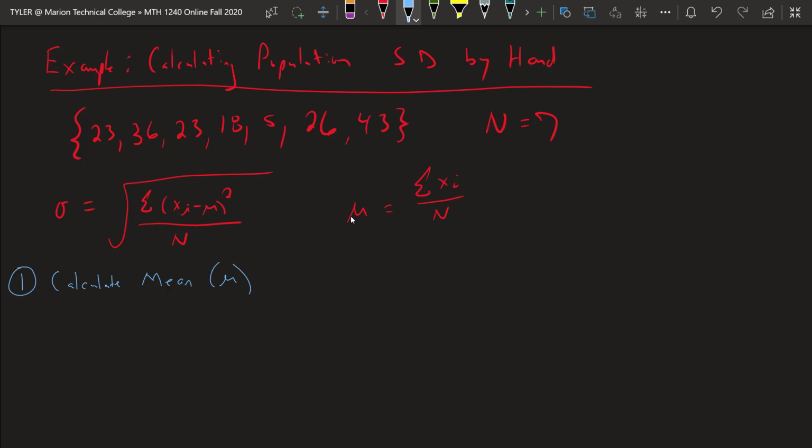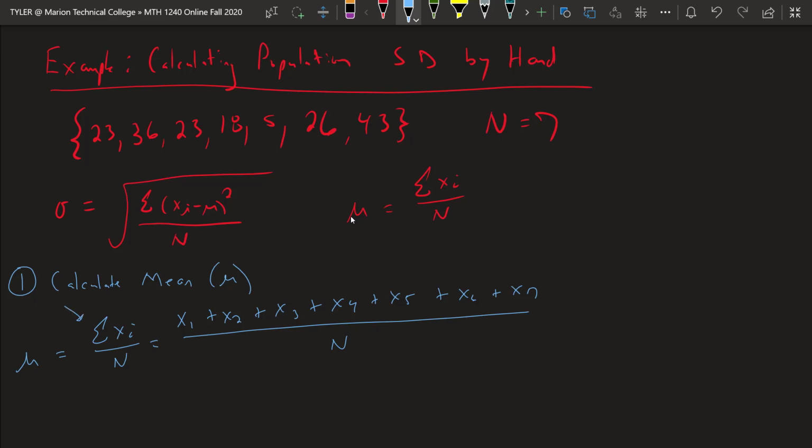We did this in the last section, so mu is equal to the sum of the x sub i's divided by capital N. In this case we have 7 things, so that would be x sub 1 plus x sub 2 plus x sub 3 plus x sub 4 plus x sub 5 plus x sub 6 plus x sub 7, all divided by capital N. So that's writing it out long form. Remember that sigma notation just makes it a lot simpler to write.